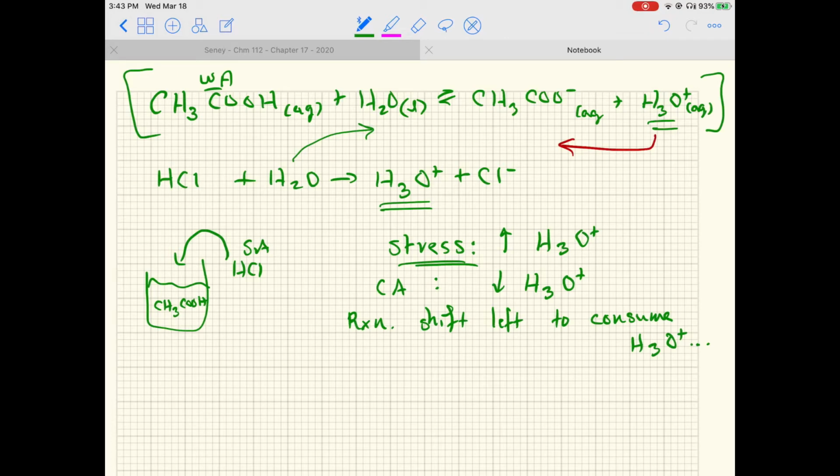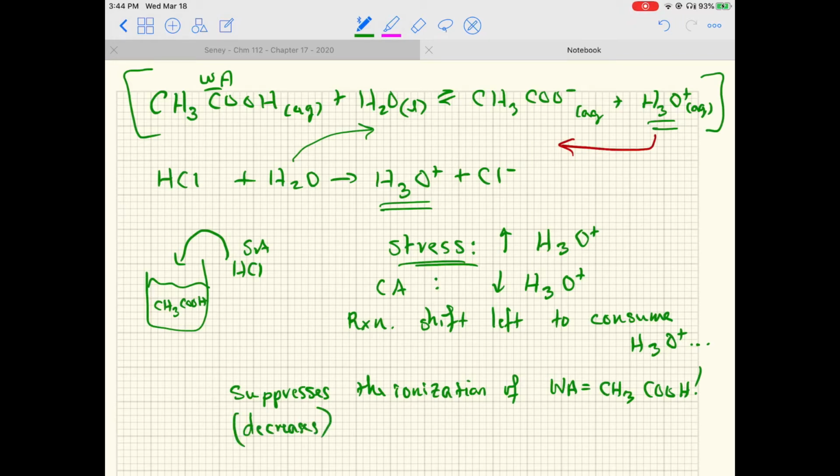By doing that, what it does is it suppresses the ionization of the weak acid, acetic acid. It suppresses or decreases it, if you will, because even less H3O plus is generated.